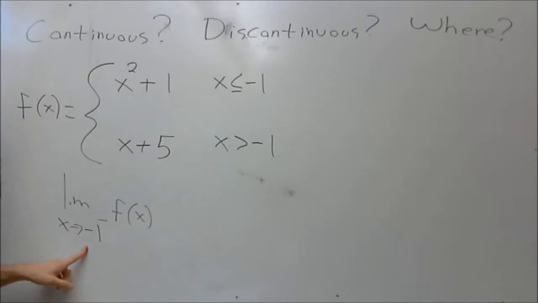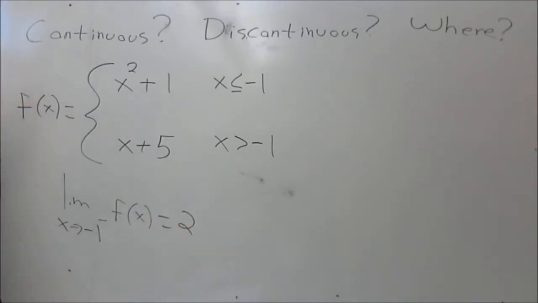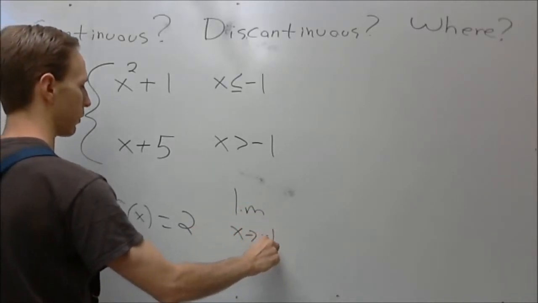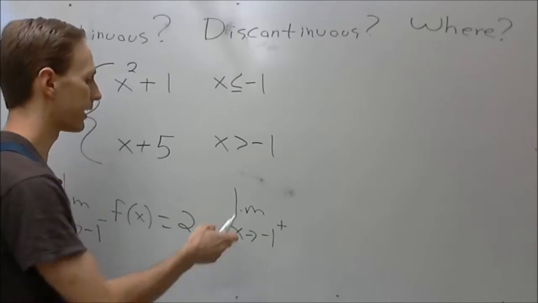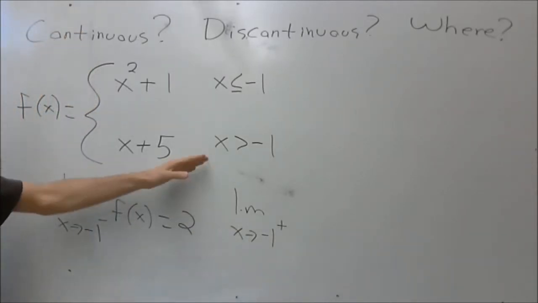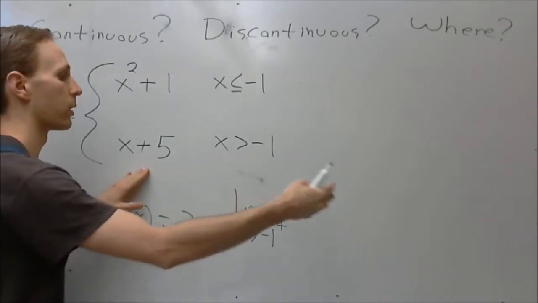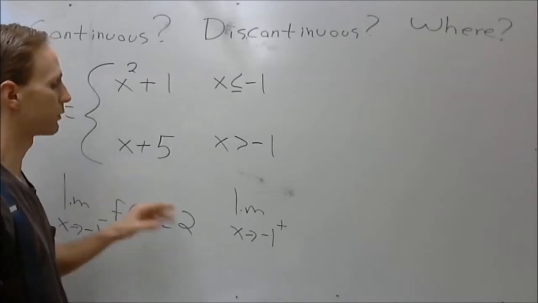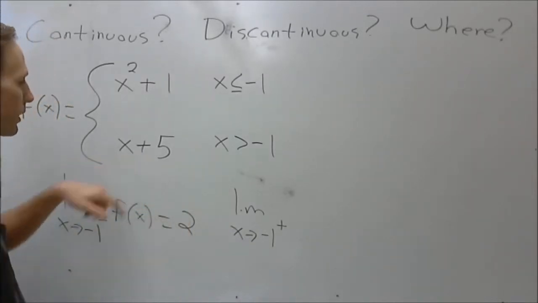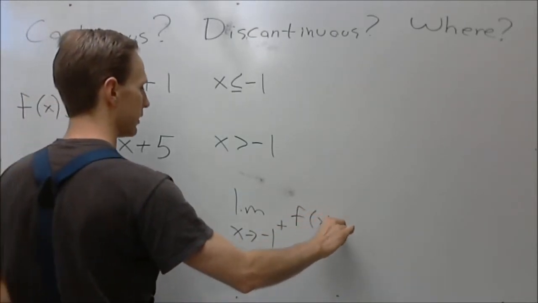So plug it in and you just get 2. And then you have to compare that to the limit as x approaches negative 1 from the right. That's x greater than minus 1, so that's in this conditional. Since this is a nice, easy, well-defined function, to figure out this limit coming from the right, all you basically have to do is plug minus 1 into this bottom piece. And when you plug it in, you get that the limit is 4, right?